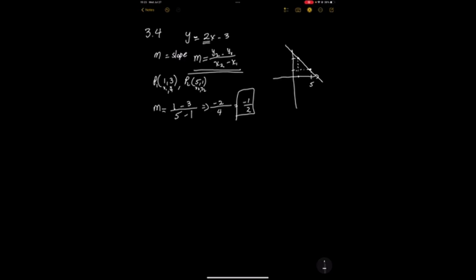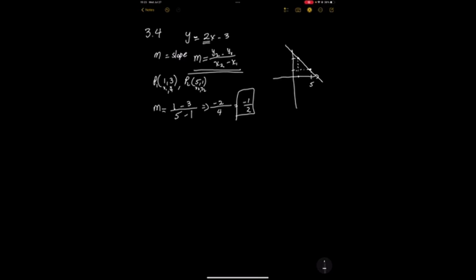This time we're gonna be looking at not just the slope. We could look at something like the y-intercept form. The y-intercept form is also something we need to understand because it's very important. So what can we do?